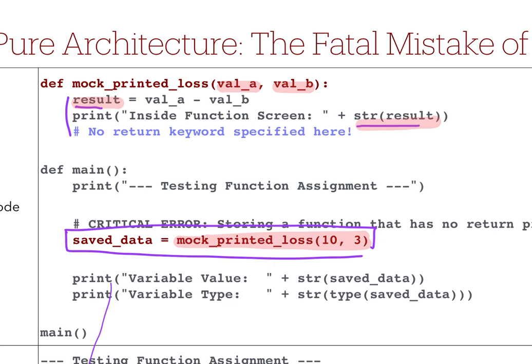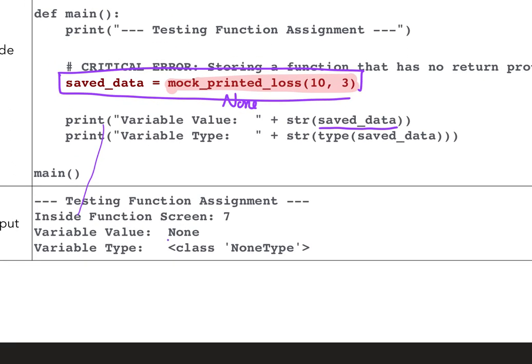So that means when you execute this line, this highlighted function call will return None, so saved data receives nothing. Okay? So if you try to print the value of saved data, you get nothing.